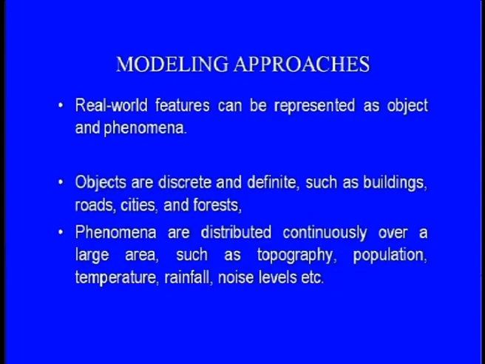So, let us look at the modeling approaches that could be adopted. Real world features can be represented as objects and phenomena. Objects are discrete and definite, such as buildings, roads, cities, forests, etc., while phenomena are distributed continuously over a large area, such as topography, population, temperature, rainfall, noise levels, etc. So, let us look at object based models.